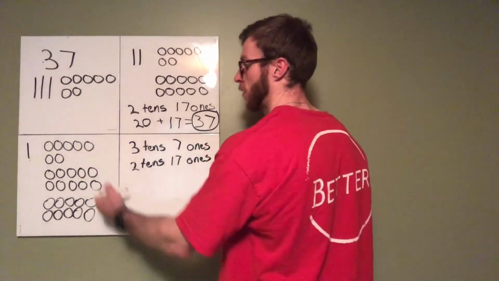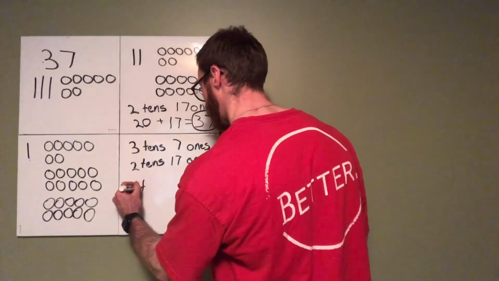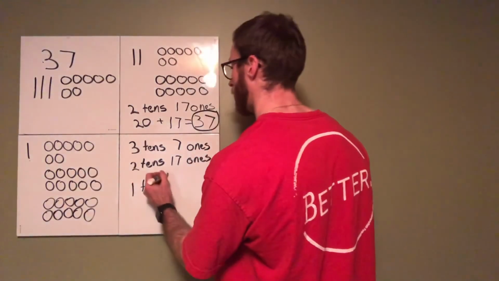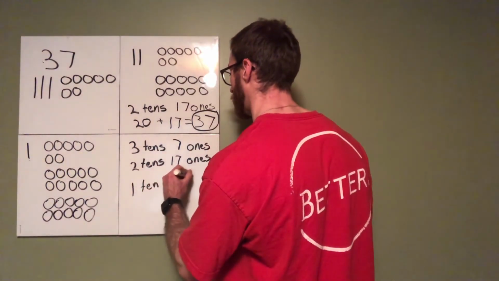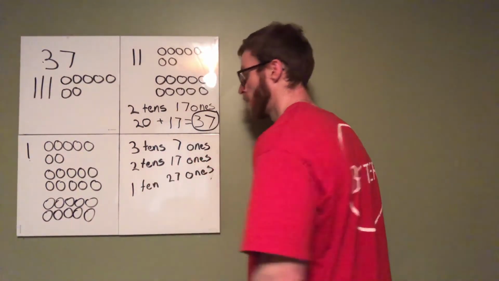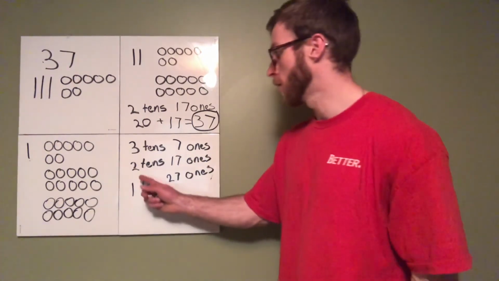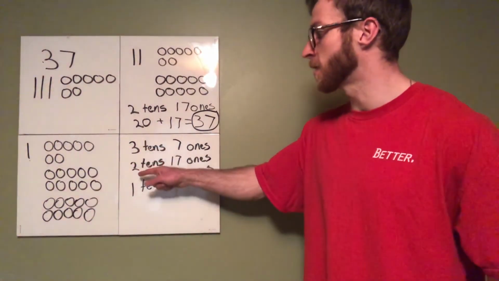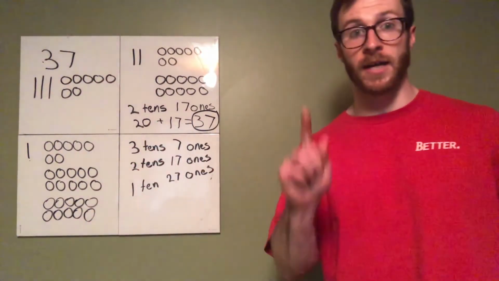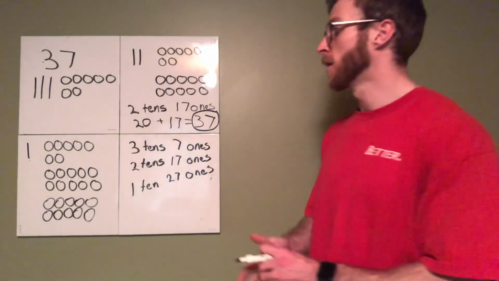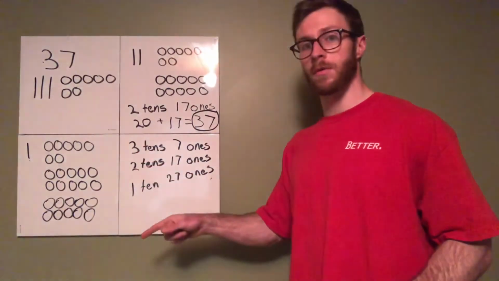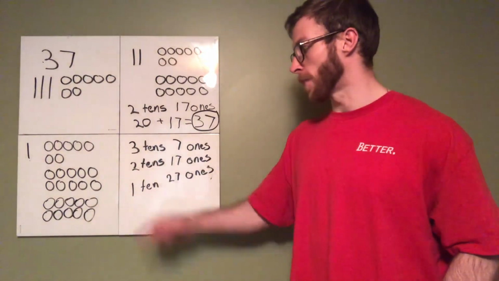Then down here we had 1 10 and 27 ones. So if you look on this board, you'll notice going from 3 10s down to 2 10s down to 1 10, we are getting rid of 1 10 each time. Because 3 minus 1 equals 2, 2 minus 1 equals 1.